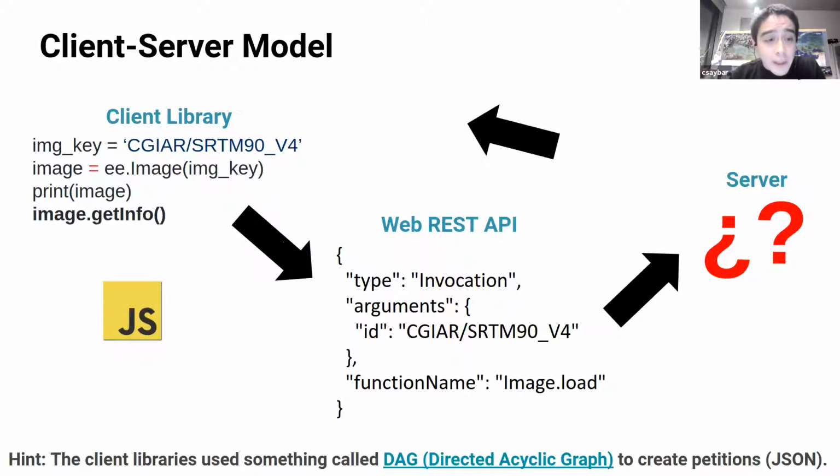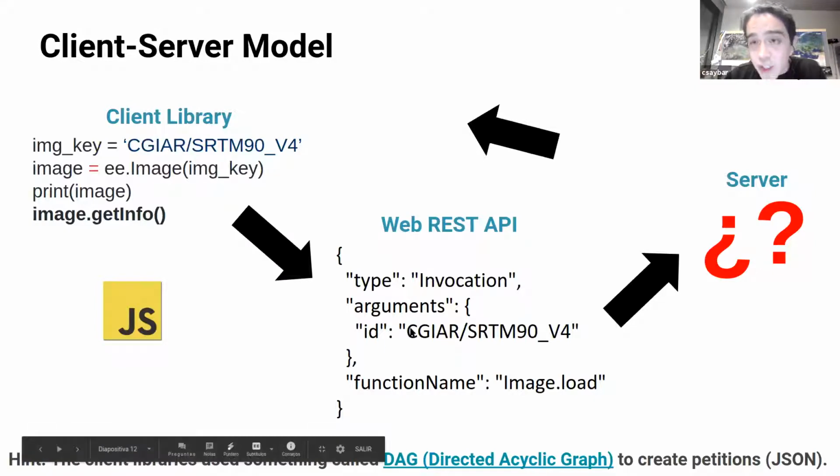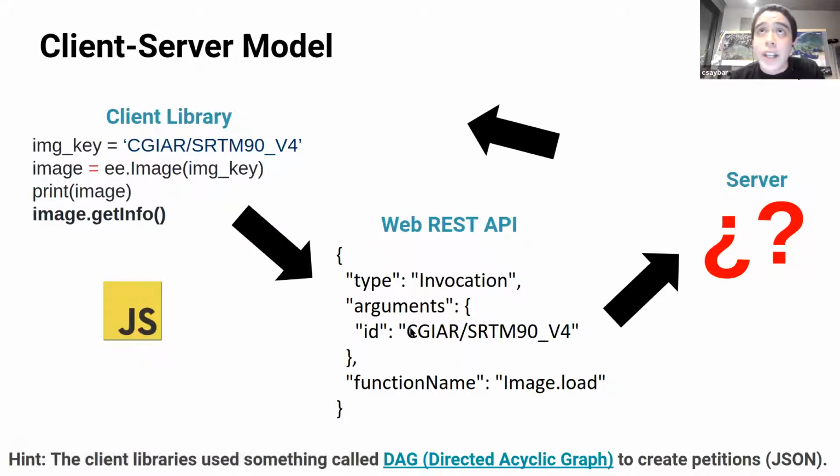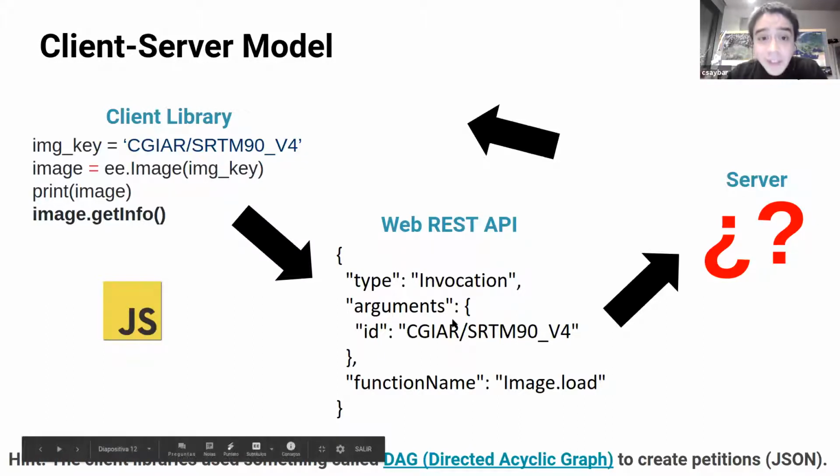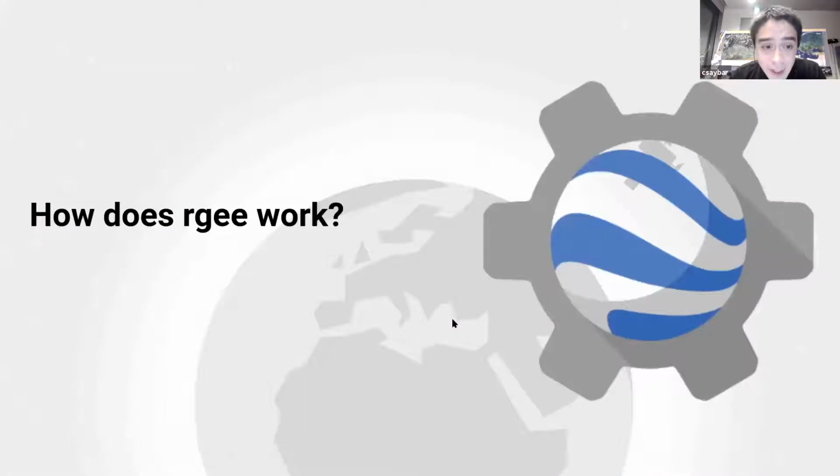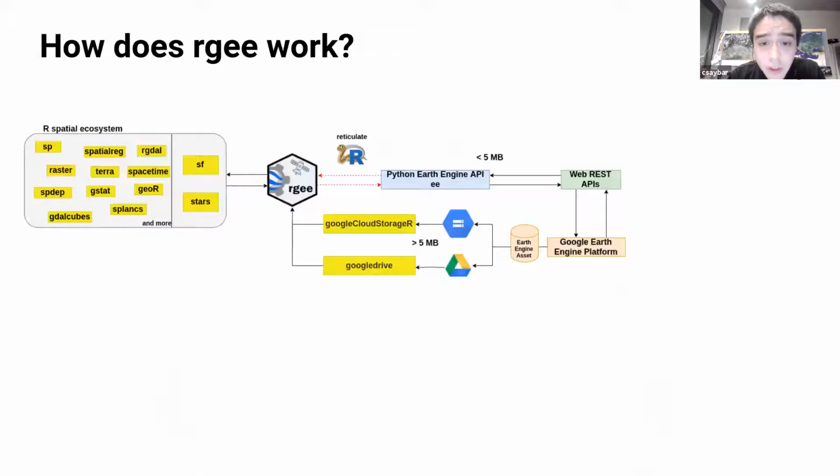If you are interested in creating an R client library, you will have to search for a way to transform the R code into a message like this. If you are interested in another language like Julia or MATLAB, you need to find a way to transform the MATLAB code or the Julia code into a JSON petition like this. That is the idea. And that is how rgee currently works.